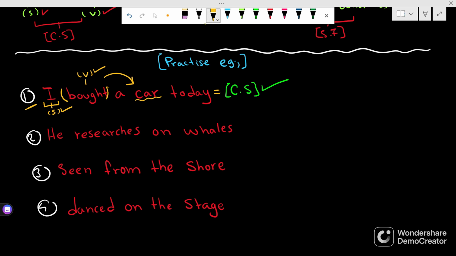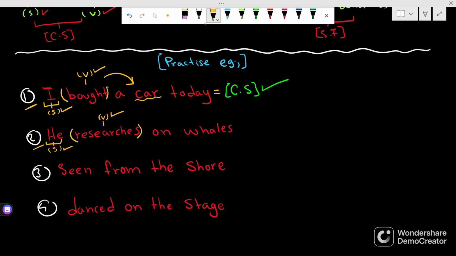Next one. He researches on whales. He is the subject. What is he doing? He is researching. So researching is the action being performed by the subject. So researching is the verb. Verb is present, subject is present.